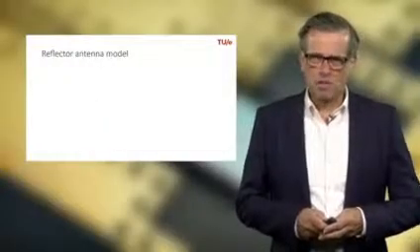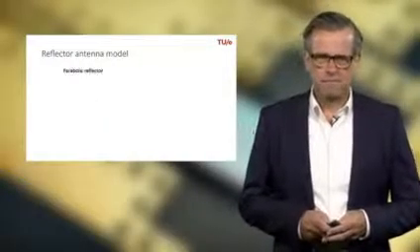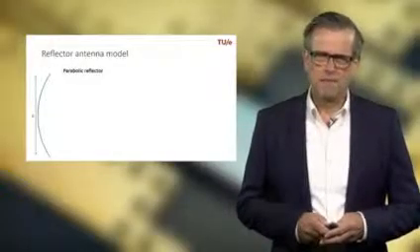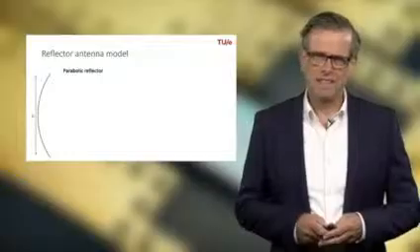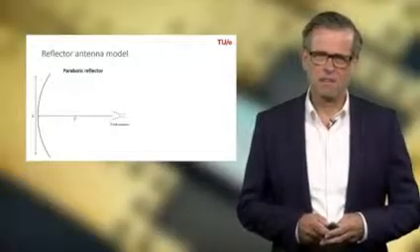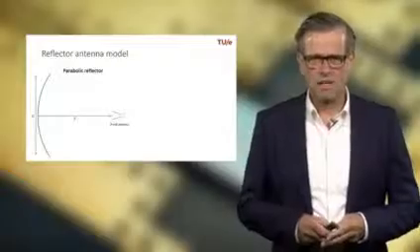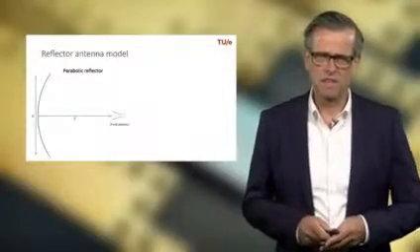Let's first look at the model that we're going to use. We're going to assume that we have a parabolic reflector antenna, which is fed in the focal point, at the distance f from the reflector. The reflector has a diameter d, as indicated here in the figure.